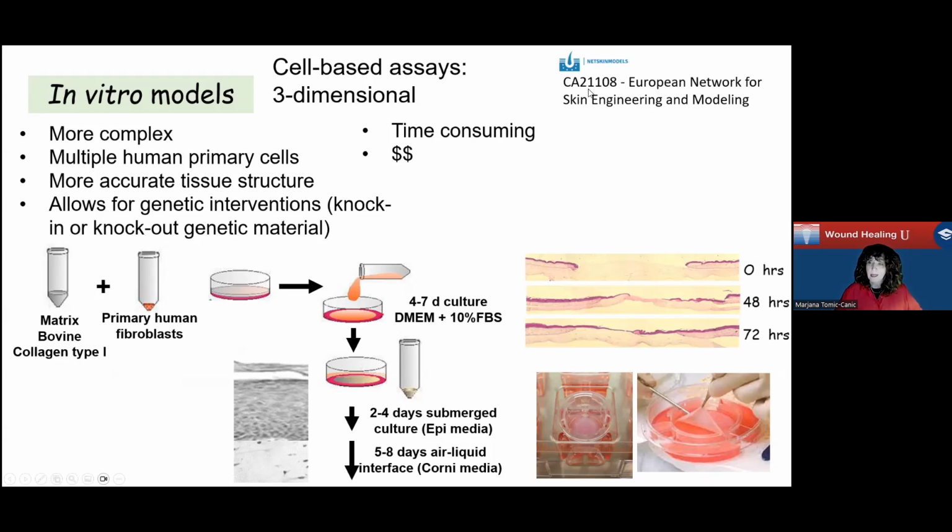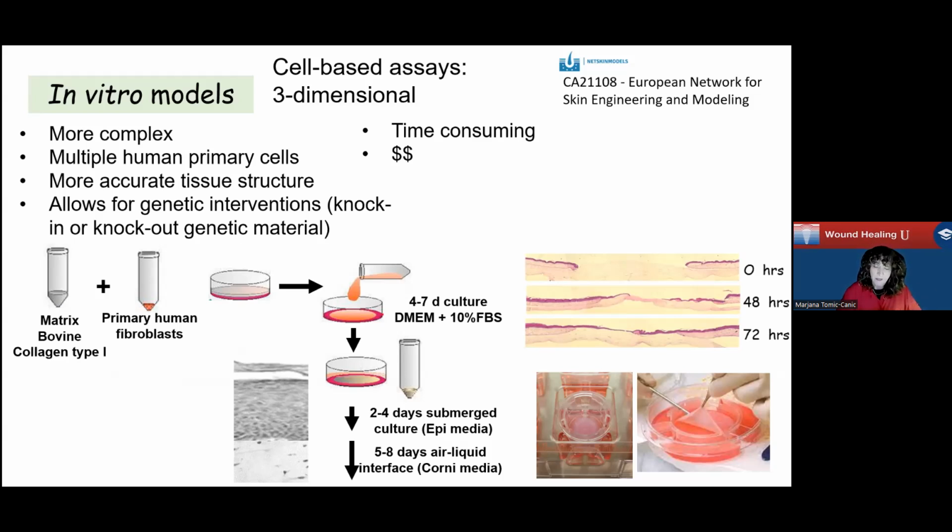I want to point out to you one organization that is actively looking to collaborate and disseminate the information. This is European Network for Skin Engineering and Modeling. They have a cost action.